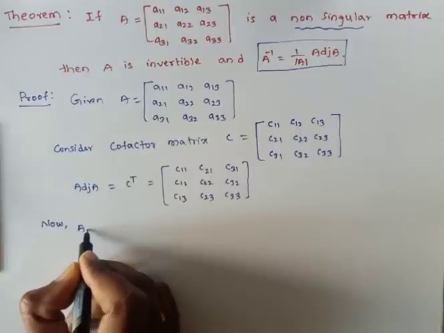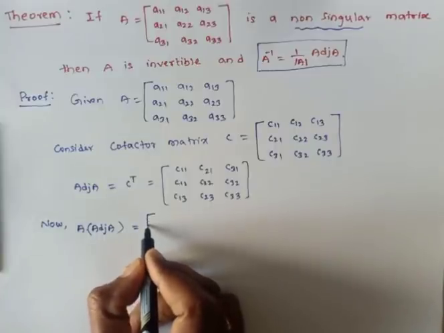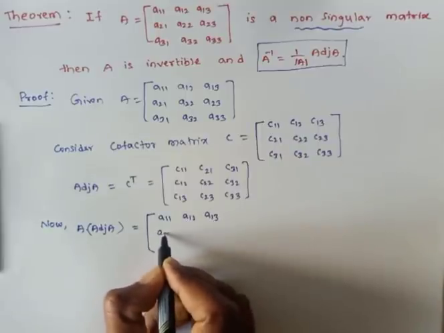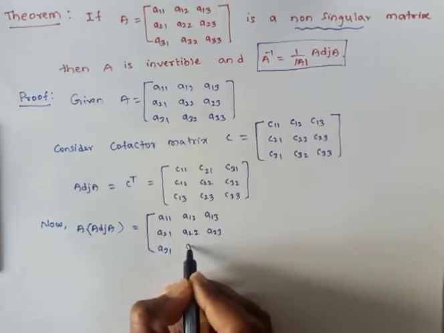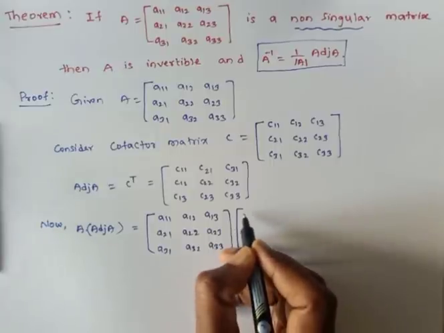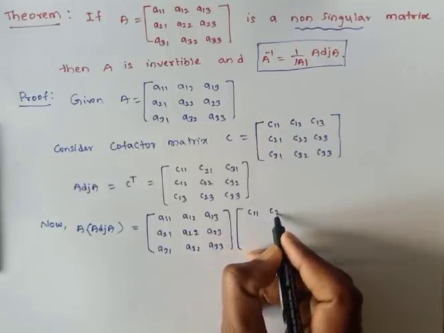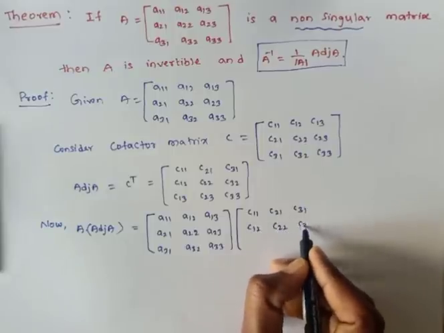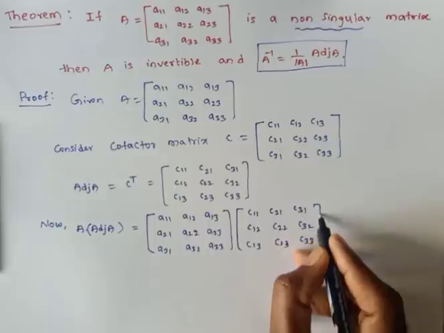Now try to evaluate A into adjoint of A. A is A11, A12, A13, and A21, A22, A23, and A31, A32, A33, into adjoint of A, which is C11, C21, C31, C12, C22, C32, C13, C23, C33.